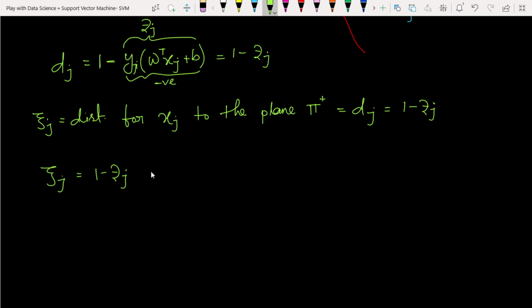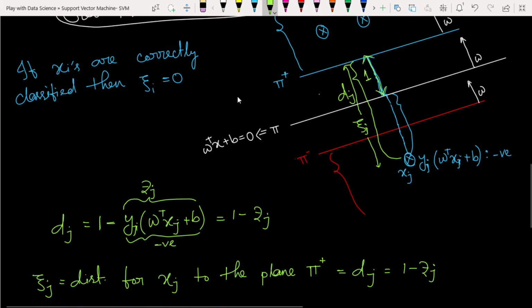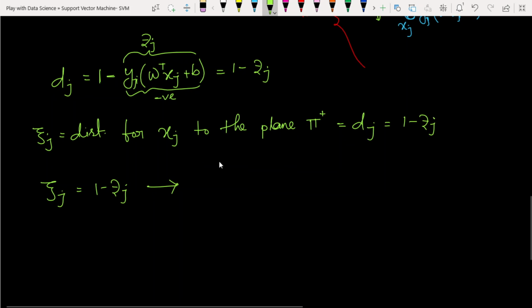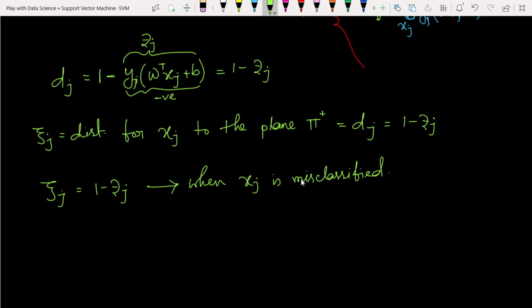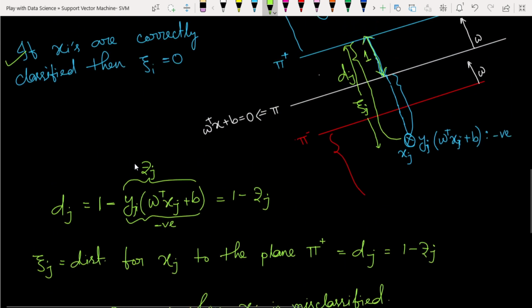When our data point is correctly classified, this zeta value is 0, and if our data point is misclassified, then zeta j's value is greater than 0, when xj is misclassified. I think these two things we already discussed in soft margin.